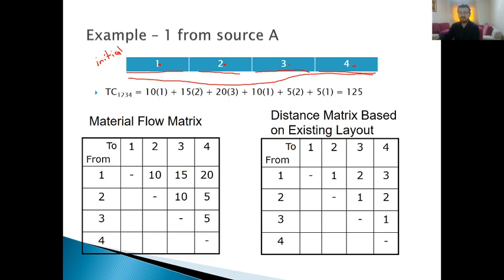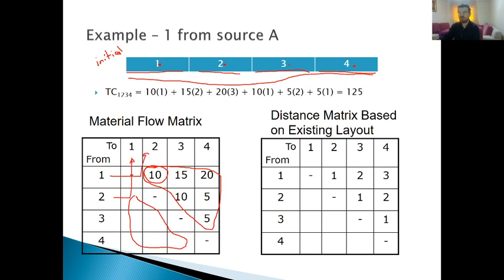The flow between departments is given like this. Why is there no number right here? In this example problem, we actually accumulated total flows on the upper side of the diagonal. Okay, so this 10 actually consists of flows from 1 to 2 and 2 to 1.